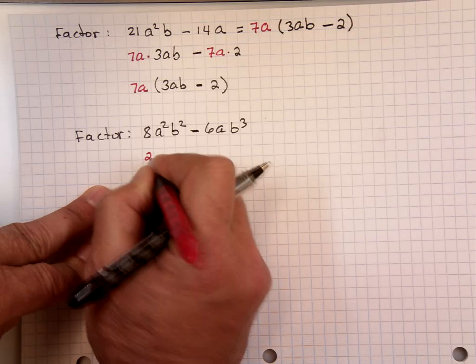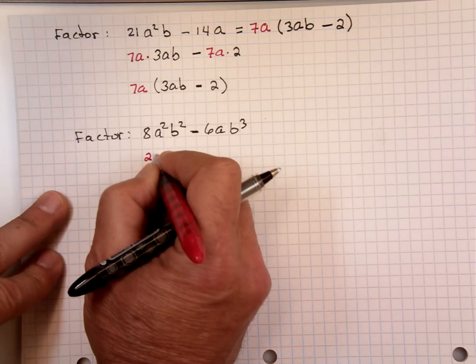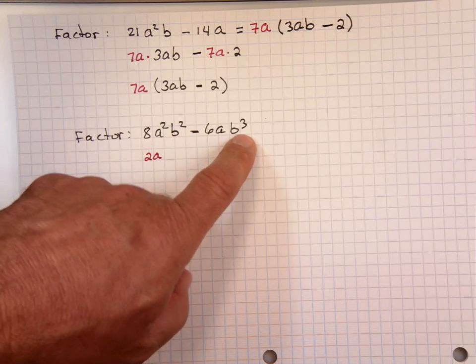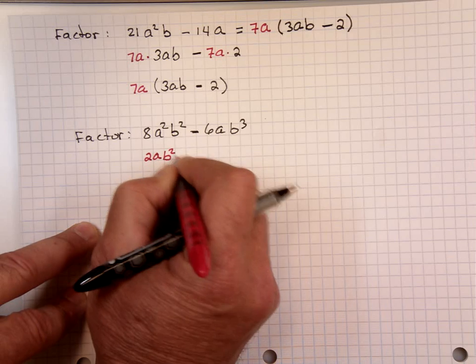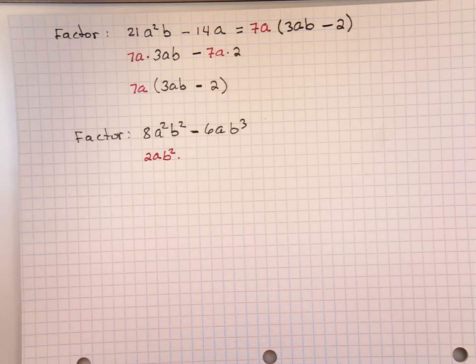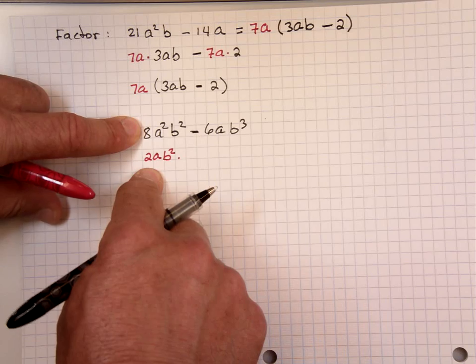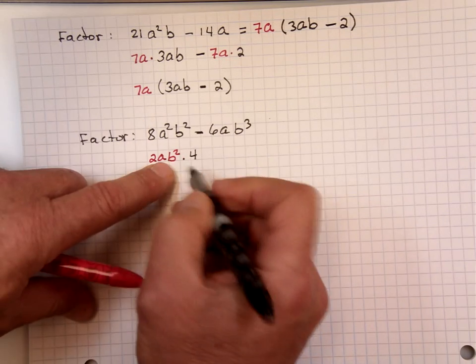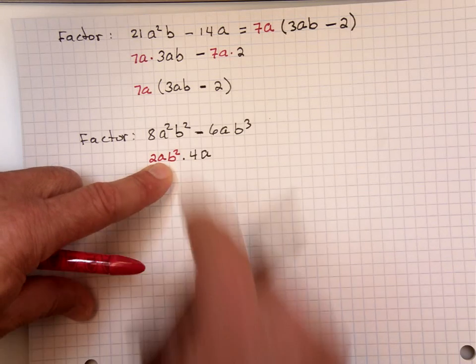A squared and a, the largest thing is a. B squared and b to the third, 2 b's and 3, there's 2 of them. So I can write the first one as 2 times what is 8? That's a 4. A times what will make it a squared? Another a. And I already took the 2 b's out.